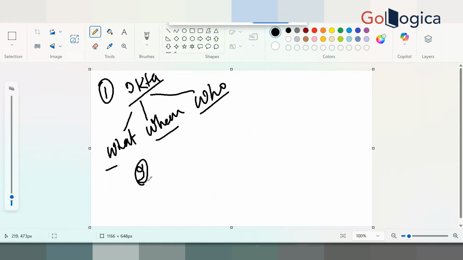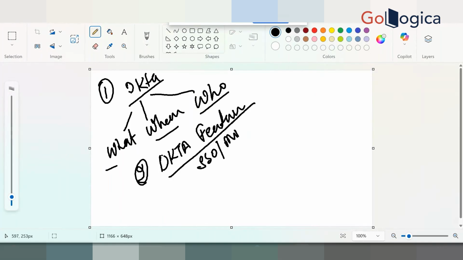Second, we learned about Okta features, like SSO, MFA, LCM, API, and more. Third, we got to know the Okta products.